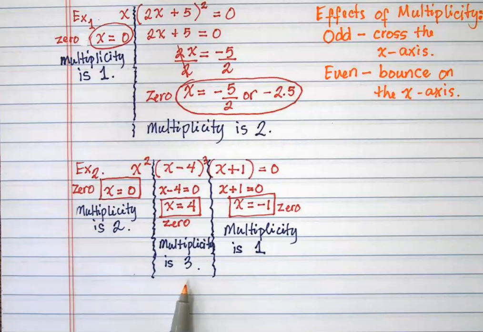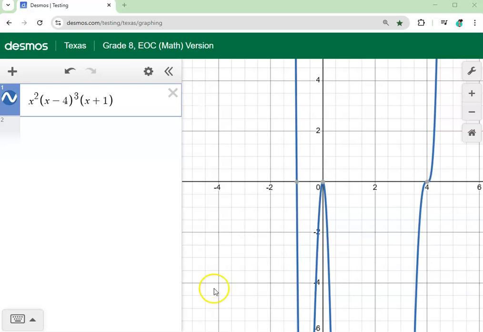Here, we're expecting this to cross at the zero of 4, and this we're expecting it to cross at the zero of negative 1. Examine the graph. So x equals negative 1. We have a multiplicity of 1. And you can see here that it crossed the x-axis at that zero.